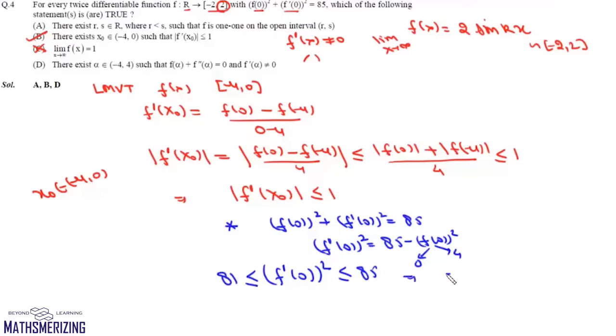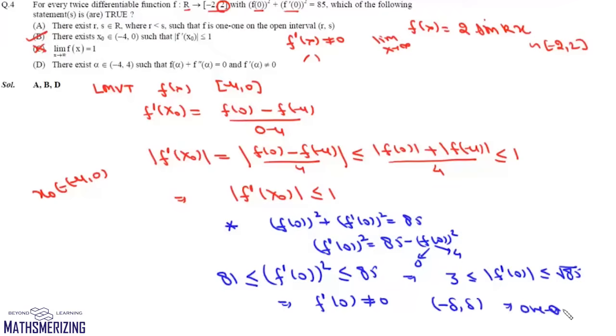So from here we can say value of f dash 0 will lie between 9 and root 85, and thus f dash 0 is unequal to 0. So if we choose a small interval in the neighborhood of 0, say from minus delta to plus delta, in this interval this function will be monotonic and thus it will be a 1-1 function. So that means this option A is correct.